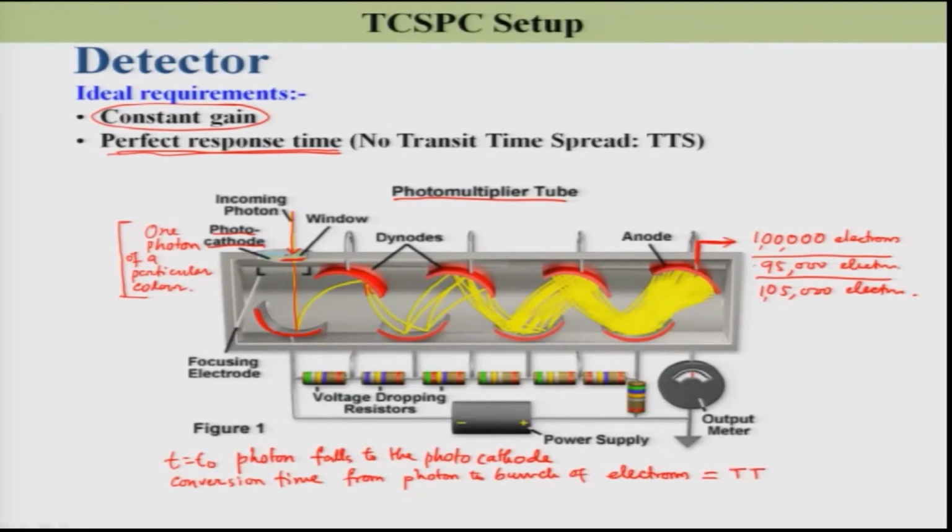So, when this electron pulse comes out of the detector, it will come out at time t equal to T0 plus Tt.